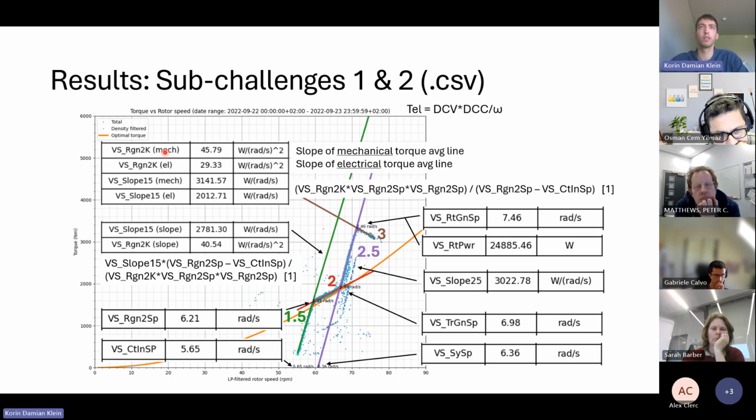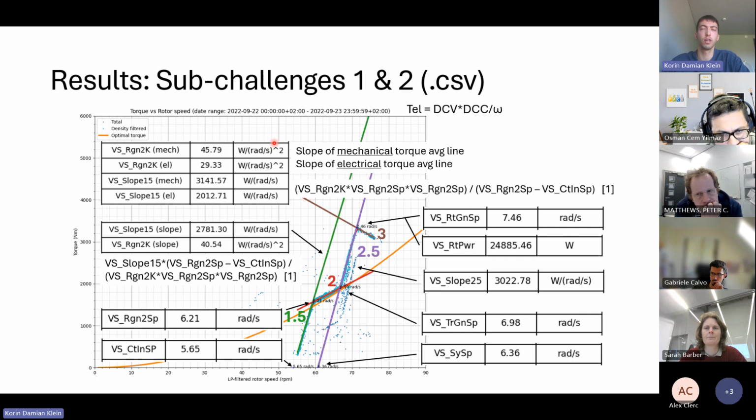If we look up here, it's going to get a bit more complicated. The reason I have so many different region 2 constants and slopes is that I use different ways to calculate or extract them. The very first one I've already also used in my report.